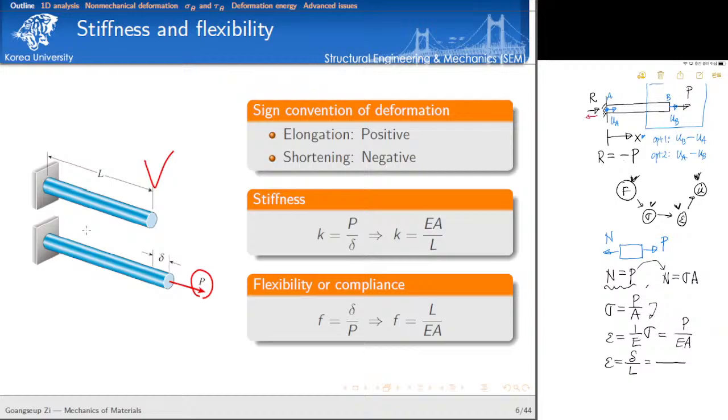So I want to calculate the elongation. 전윤식, what's your answer? So we want to calculate the elongation. 조기훈, 영우, option 1. So why do you think option 1 is correct? So 영우 gave an answer.